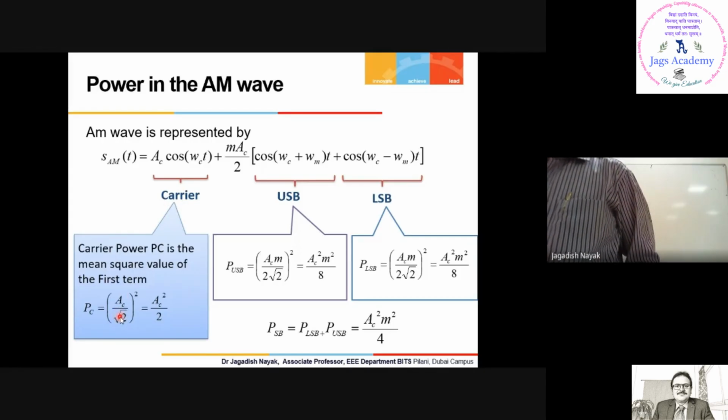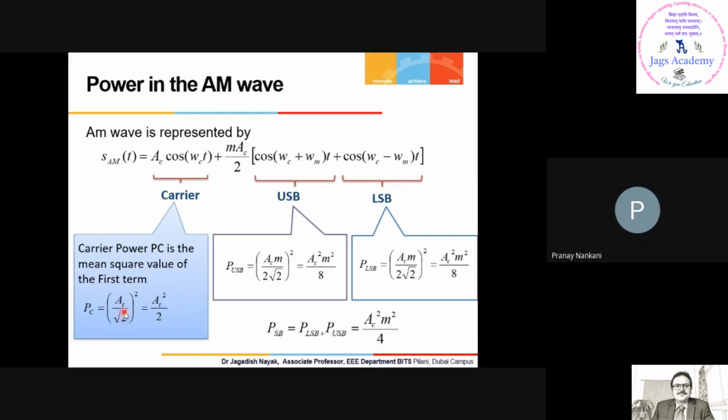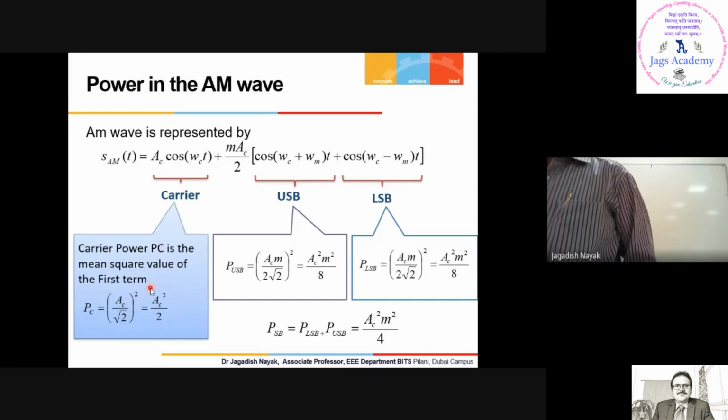The root mean square value is taken. A_C by root 2 whole square divided by R, but that R is equal to 1 ohm, that's why we are not writing it. Hence, the power in the carrier is equal to A_C square by 2.